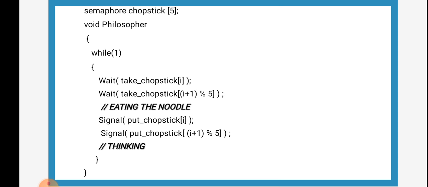Philosopher is already busy with his forks or chopsticks F1 and F2. Suppose at the same time philosopher P2 also wants to eat. To eat the rice, P2 also has to pick up the chopsticks, but P1 is already using his F1 and F2.